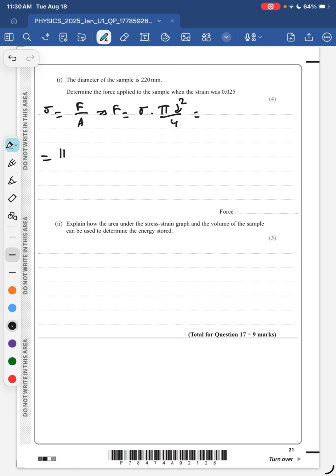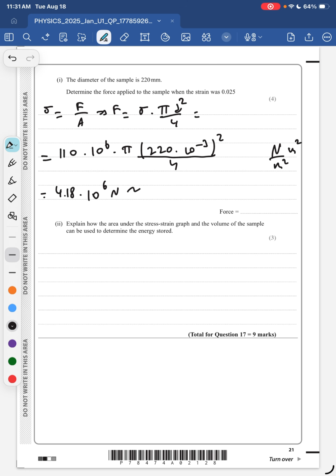So we have 110 times 10 to the 6 pascals, which is newtons per meter squared, times pi times the diameter, which is 220 times 10 to the negative 3 squared, and that's meters squared, over 4. So that's 4.18 times 10 to the 6 newtons, which you can write as 4.2 times 10 to the 6 newtons.